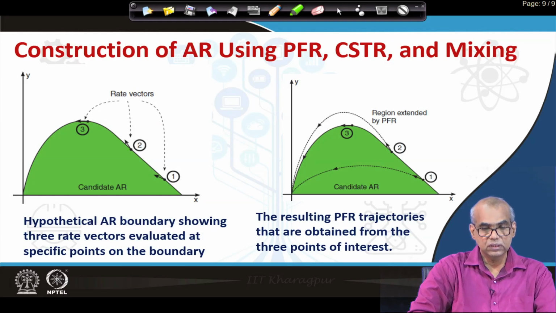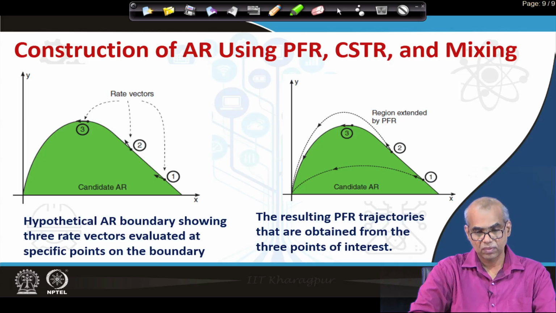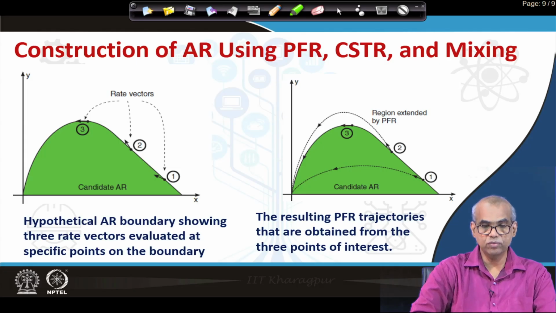Now, look at this left hand side figure first. This represents a hypothetical attainable region boundary, and 3 red vectors evaluated at specific points on the boundary are shown, 1, 2 and 3.